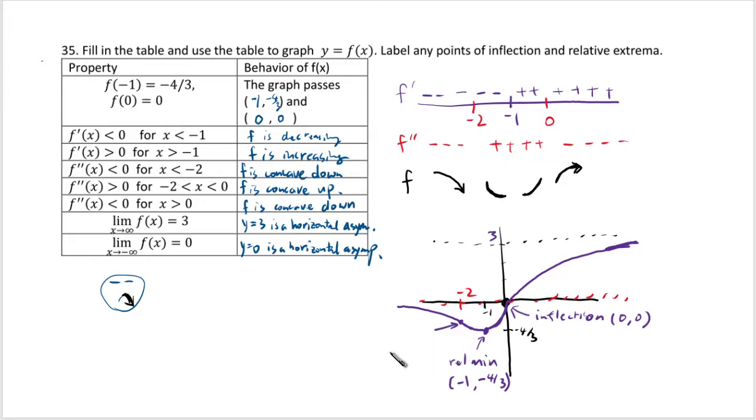And this one is another inflection, but we don't know what the y coordinate is because it's not given in the problem. So it's an inflection at x equals -2. That's all we know. We don't know the y coordinate. And that's it. That would be a perfect graph.